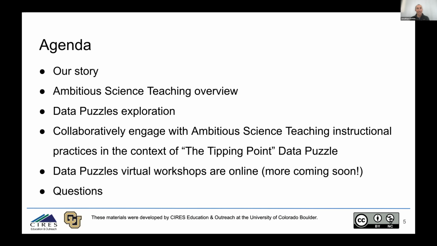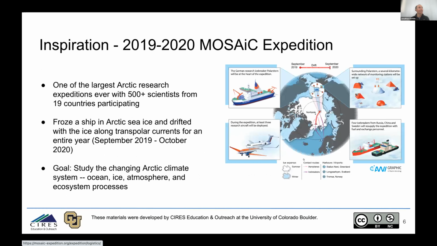And so we'll begin with our story, which actually begins in the Arctic. The inspiration for this work came as a result of my work with the 2019-2020 Mosaic Arctic Research Expedition. It was one of the largest research expeditions ever conducted, with hundreds of scientists from more than 19 countries participating.